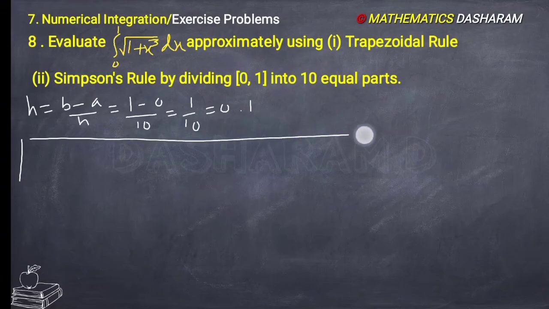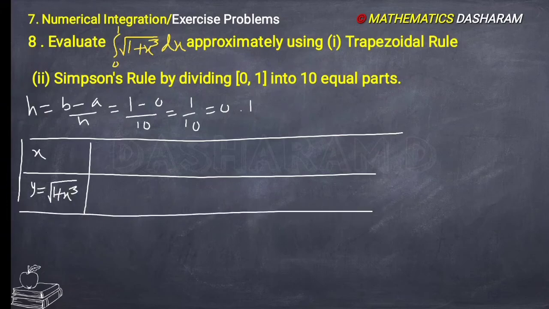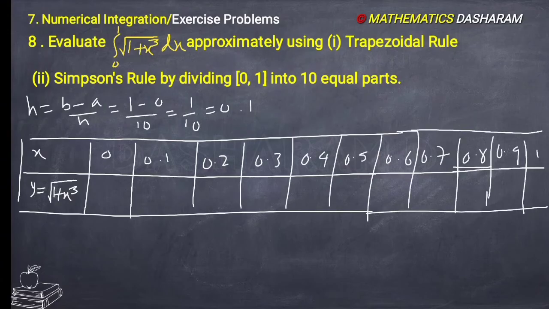Now let's draw one table. In that, the first column is x and the second is y, that means the given function under root 1 plus x cube. The first x value is the lower limit. Next, the x value increases by 0.1. So 0 plus 0.1 is 0.1. Next 0.2, and the last one is 1.